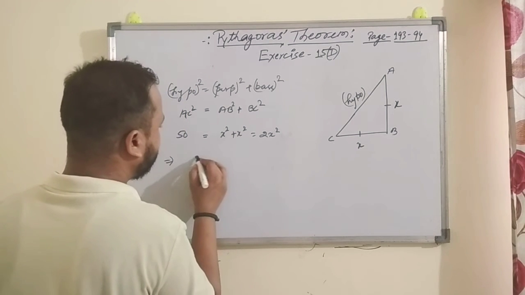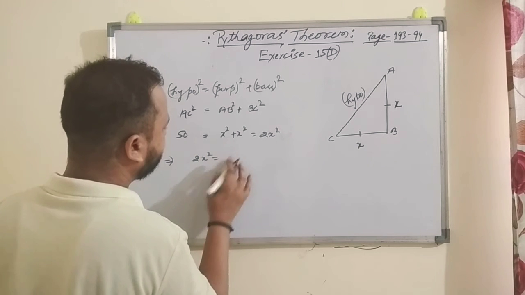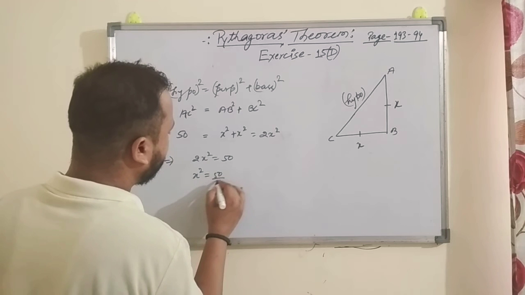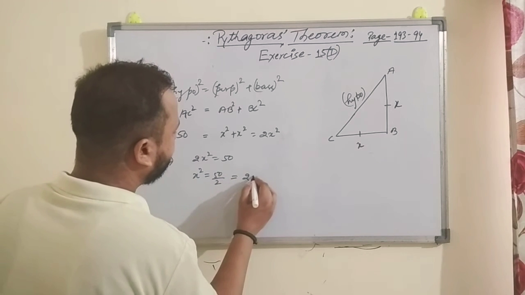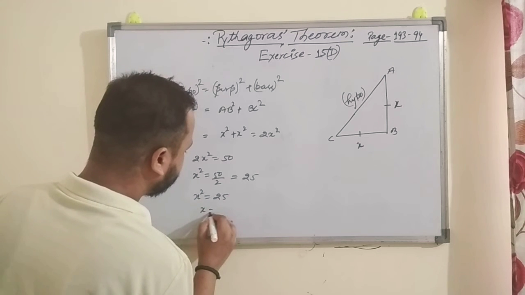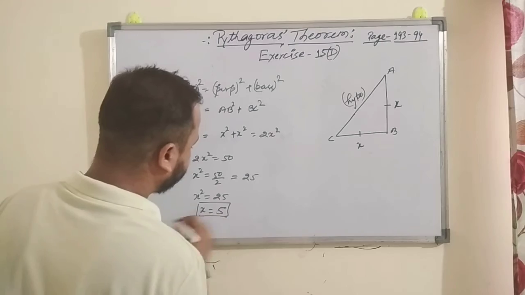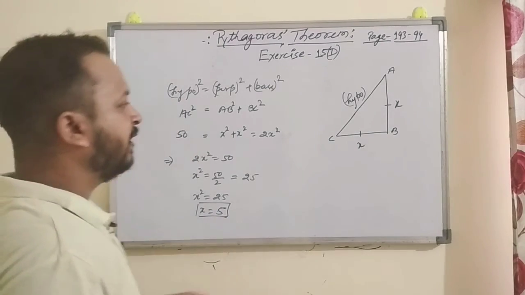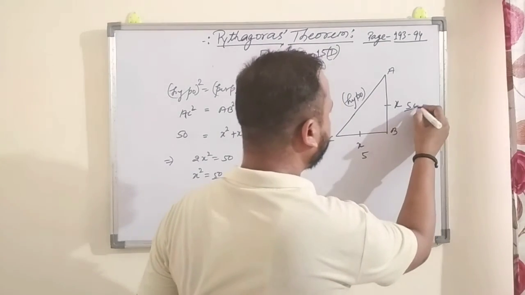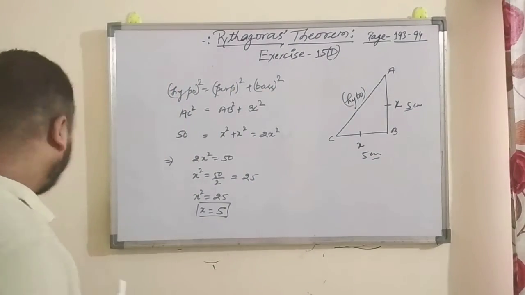So 2x square is equal to 50, so x square is equal to 50 divided by 2, which is 25. So x is equal to 5. So these two sides are 5 centimeter long.